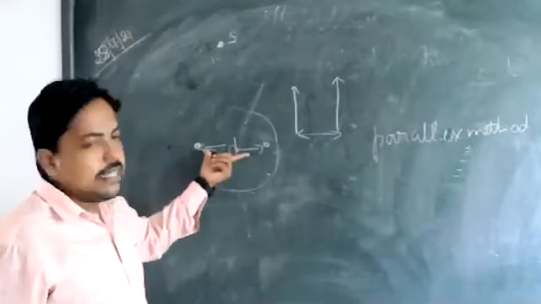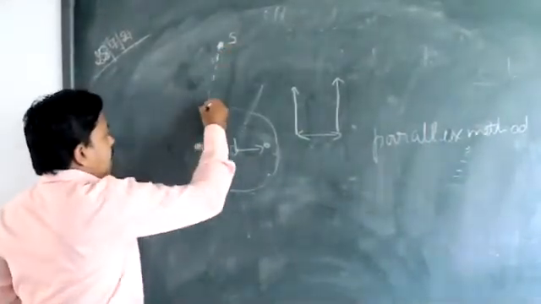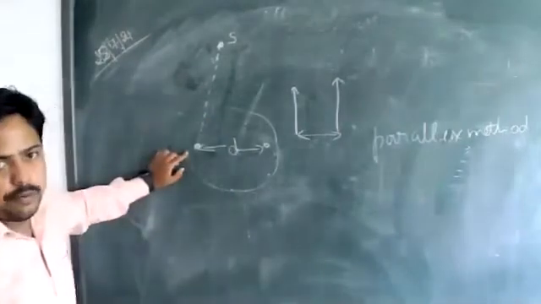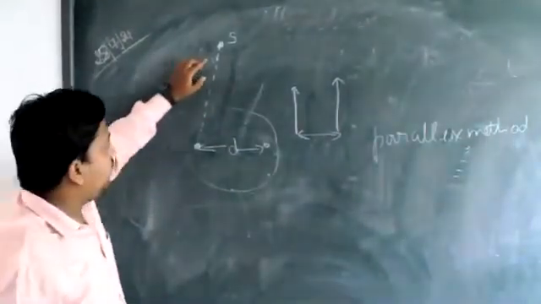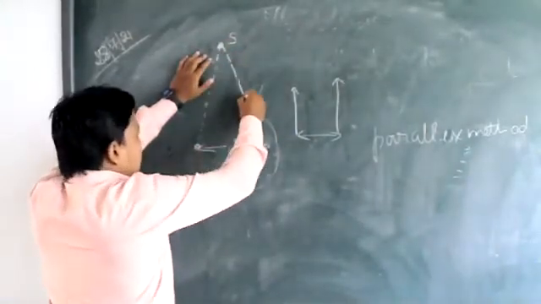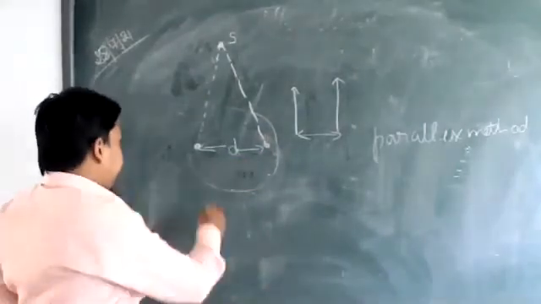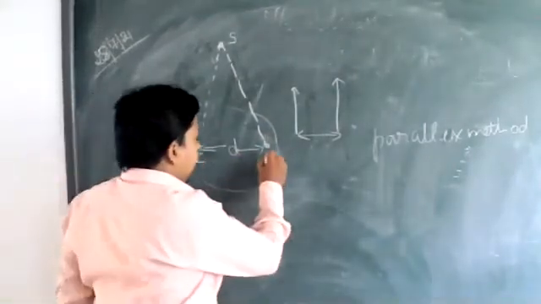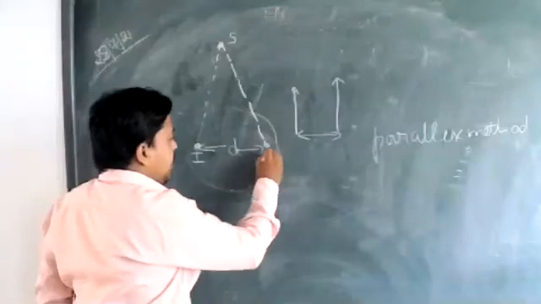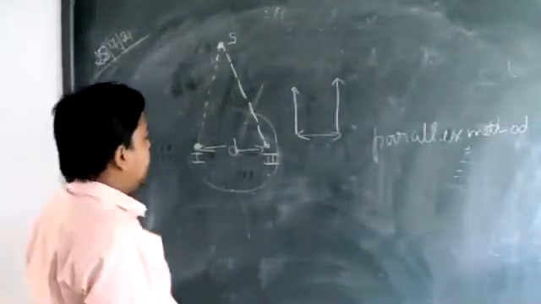There will be a line joining the Sun and the point of first observation. In the same way, there is a line joining the Sun with respect to the second point of observation. Let this be the first position, and let this be the second position. So there is a relation.